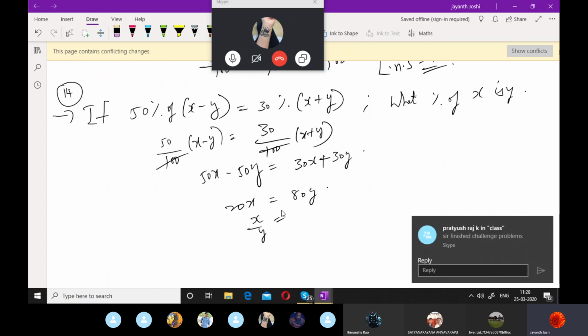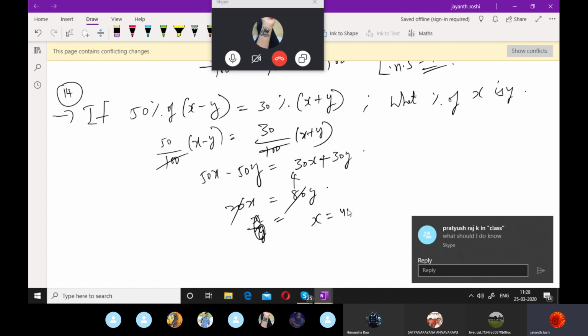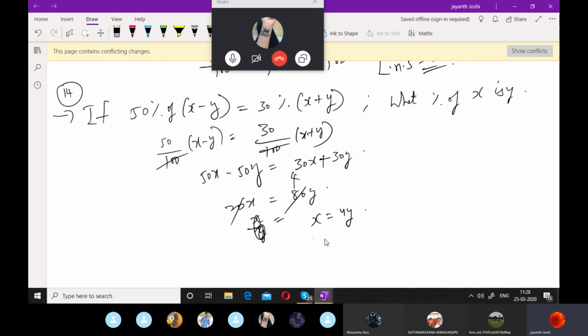He is asking what percent of x is y. So x is equal to, you will get just around 4. X is equal to 4y. Okay. So x is equal to 4y in the sense, what percent of x is y is asking.